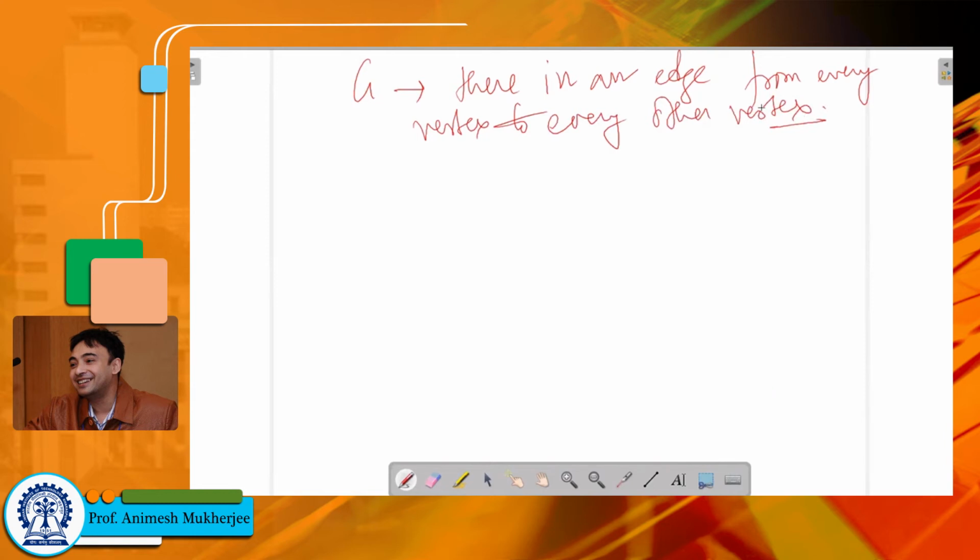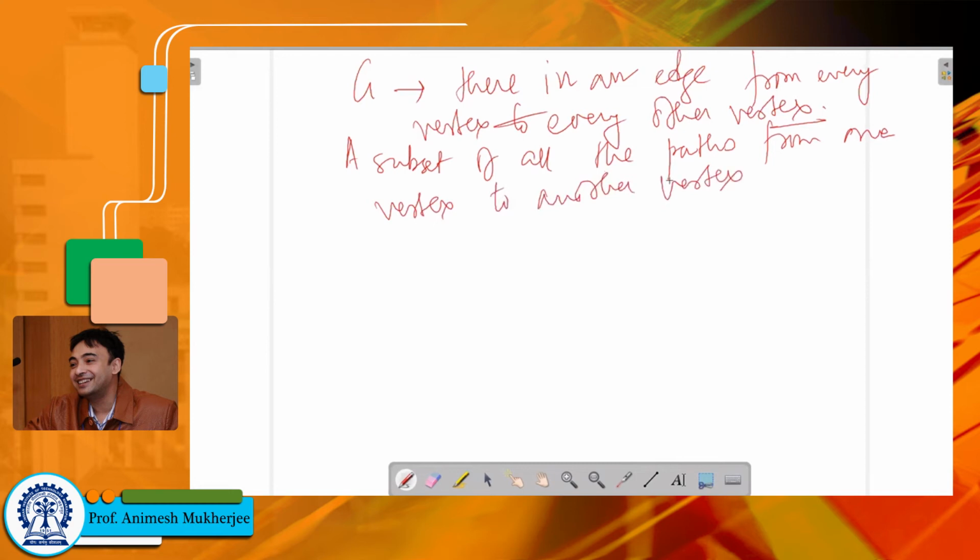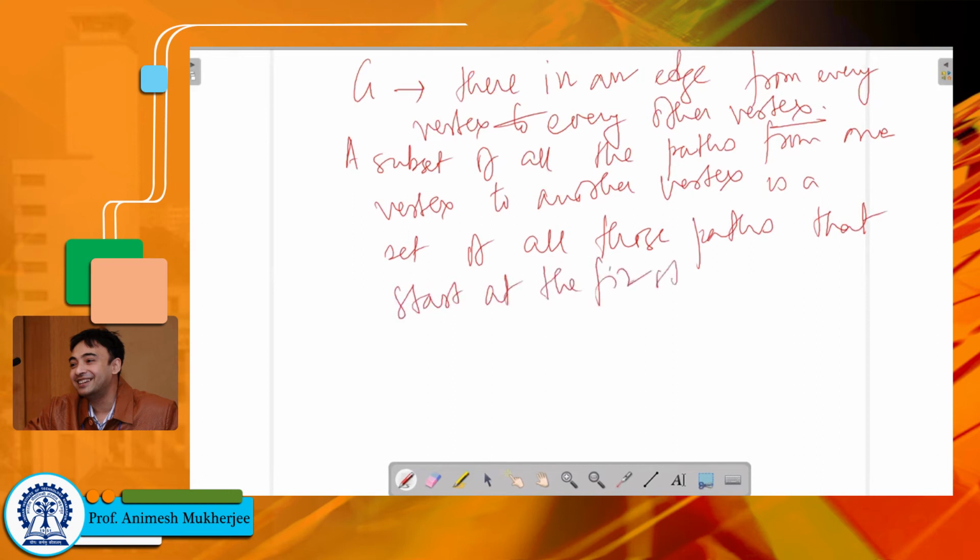Now, if this is the situation, then a subset of all the paths from one vertex to another vertex is the set of all those paths that start at the first vertex, end at the other vertex and pass through all the other vertices.